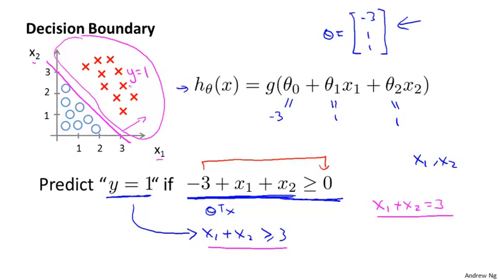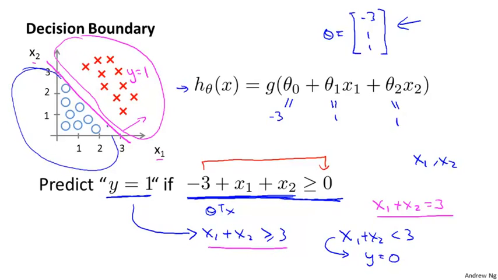And in contrast, the region where x1 plus x2 is less than 3, that's when we will predict that y is equal to 0. And that corresponds to this region. It's really a half plane, but that region on the left is the region where our hypothesis will predict y equals 0.